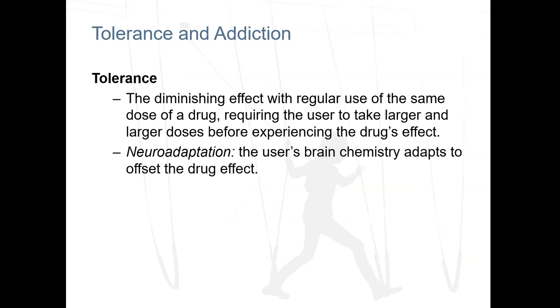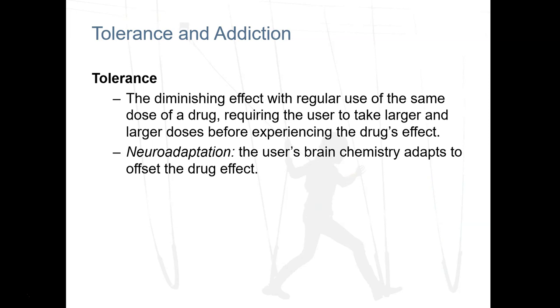And this is really due to what's called neuroadaptation. Neuroadaptation is where, with repeated administration of a drug, there is a compensating effect as the body, particularly the brain, attempts to maintain homeostasis. Homeostasis is where the body and the brain always try to maintain a steady state.